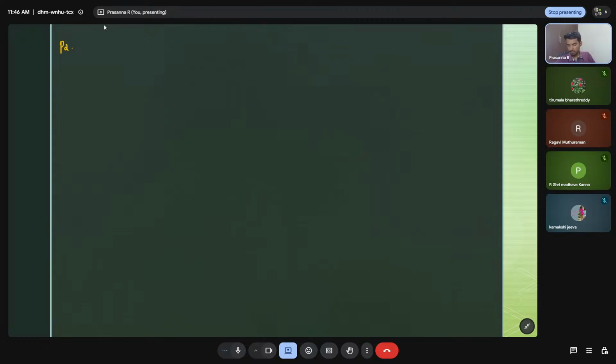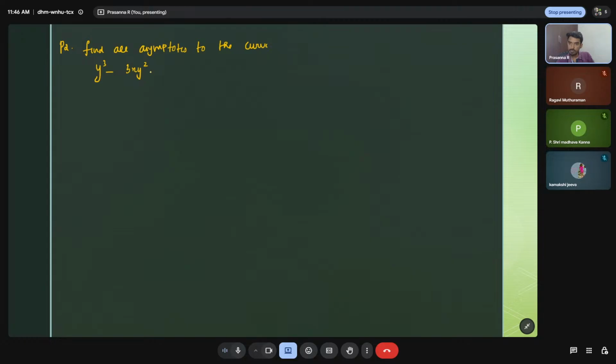Find all asymptotes to the curve y cube minus 3xy square minus x square y plus 3x cube minus 3x square plus 10xy minus 3y square minus 10x minus 10y plus 7 equal to 0.